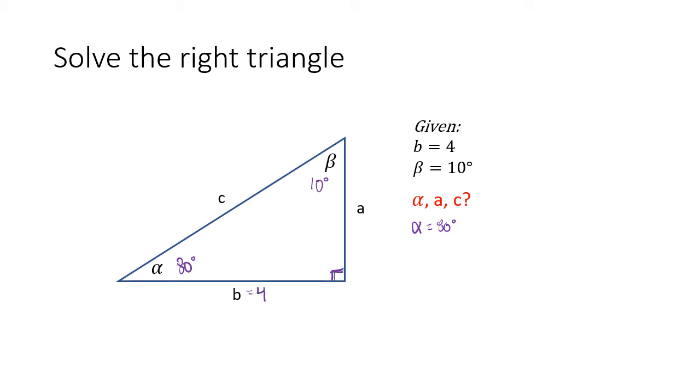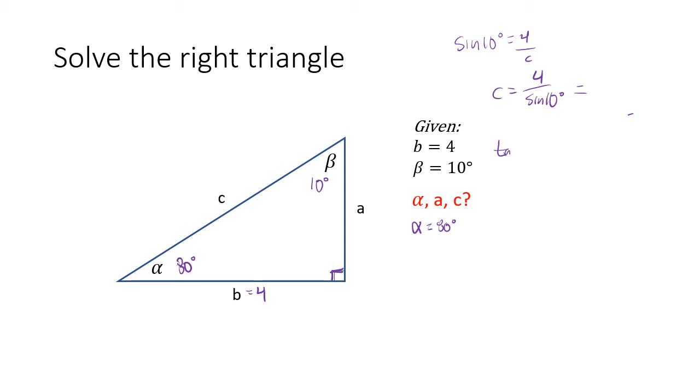You can solve this any way you want, so if you want to pause the video and solve it, go ahead. But maybe we'll say the sine of 10 degrees is equal to 4 divided by the C that we don't know. So C is equal to 4 divided by the sine of 10 degrees. And then A, we'll use that 10-degree angle to find A also.